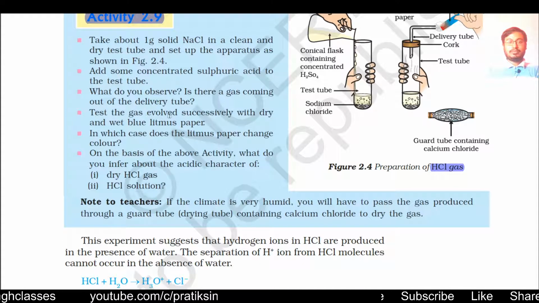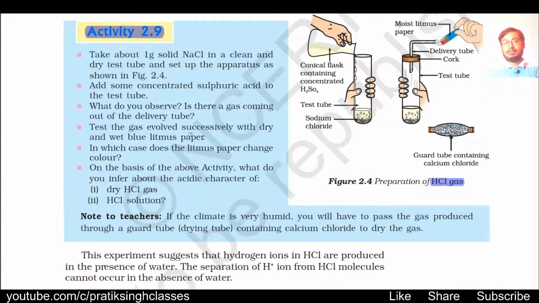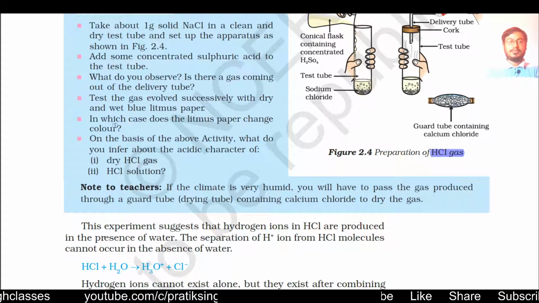Test the gas evolved successively with dry and wet litmus paper. Bring a dry litmus paper in first, and a wet litmus paper in second. In which case does the litmus paper change color?